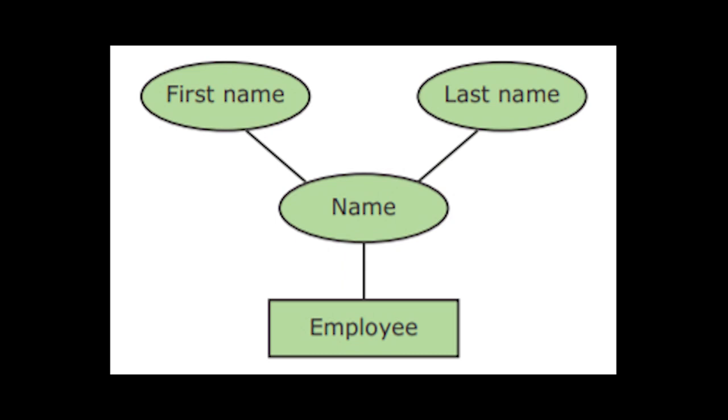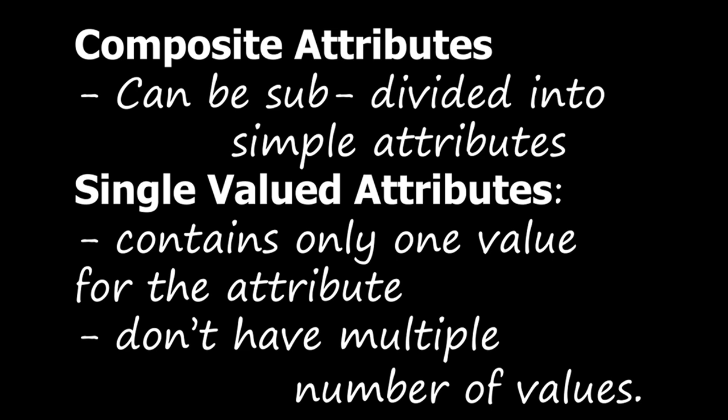Sometimes if someone asks my name, I'll say only Janisha or I'll just say Immansi. So this can be subdivided and given as a different single name also, right? So this is known as composite attributes. They can be subdivided into simple attributes without changing their meaning. If you say Janisha or Immansi, it denotes me, right? So that is what composite attributes are. Even if you divide it, the meaning will be the same.